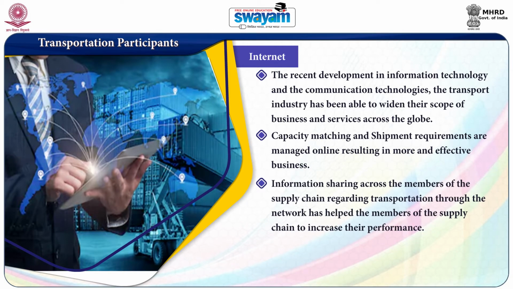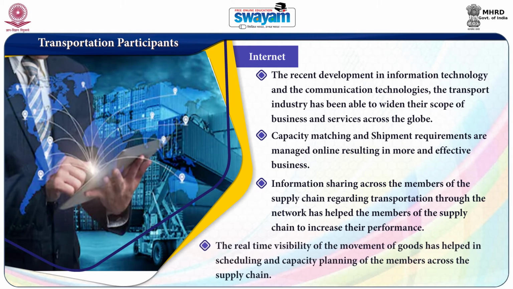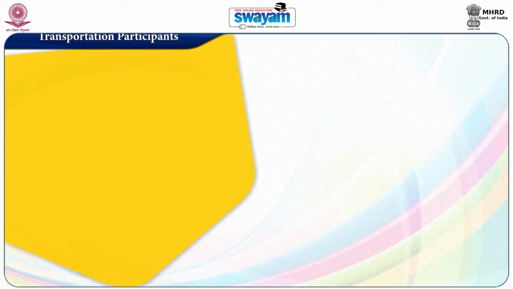Information sharing across the members of the supply chain regarding the transportation through the network has helped the members of the supply chain to increase their performance. Similarly, the real-time visibility of the movement of goods has helped the scheduling and capacity planning of the members across the supply chain.